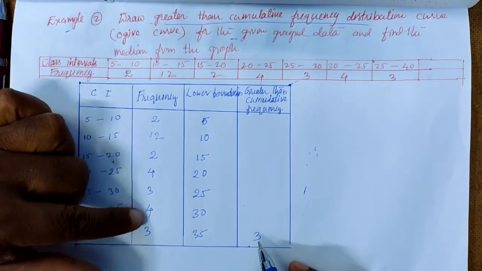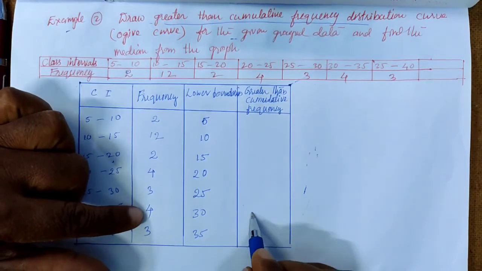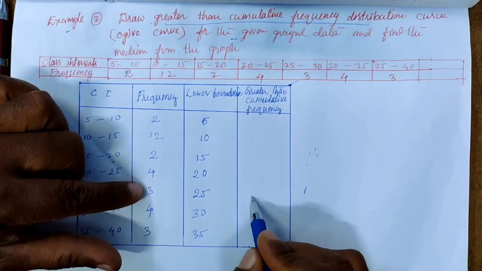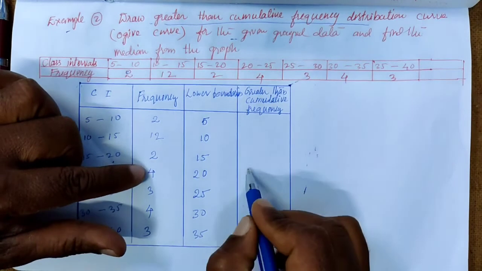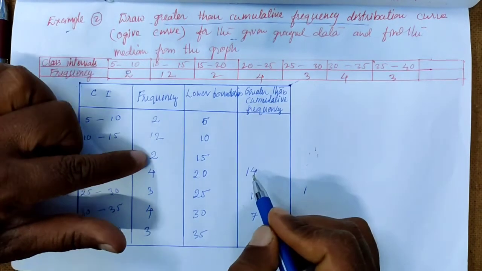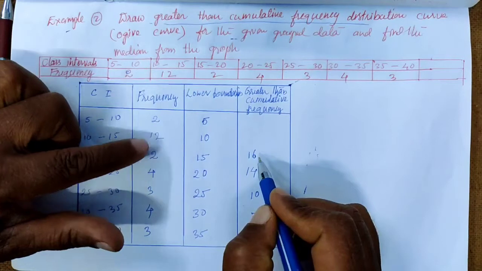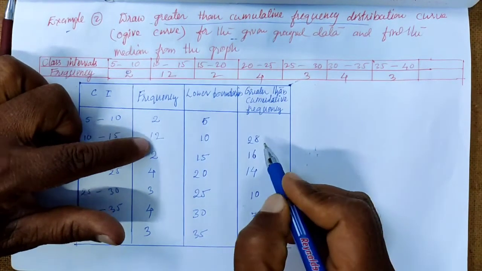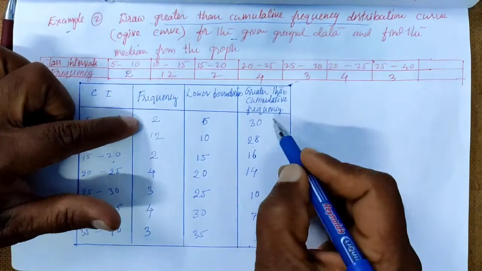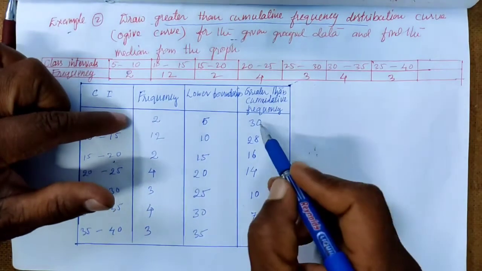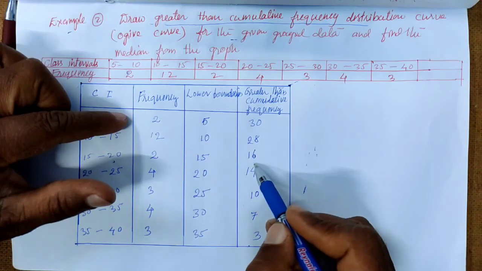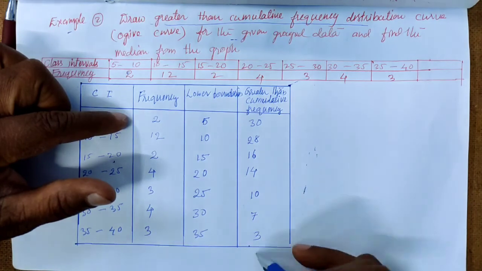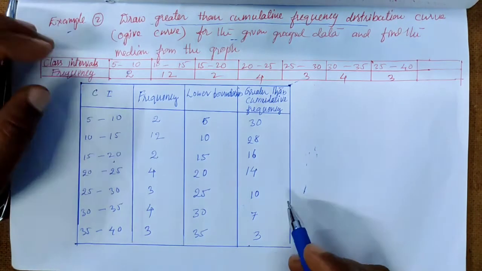Now add: 3 plus 4 is 7, 7 plus 3 is 10, 10 plus 4 is 14, 14 plus 2 is 16, 16 plus 12 is 28, and 28 plus 2 is 30. So the greater than cumulative frequency is 30, 28, 16, 14, 10, 7, 3.